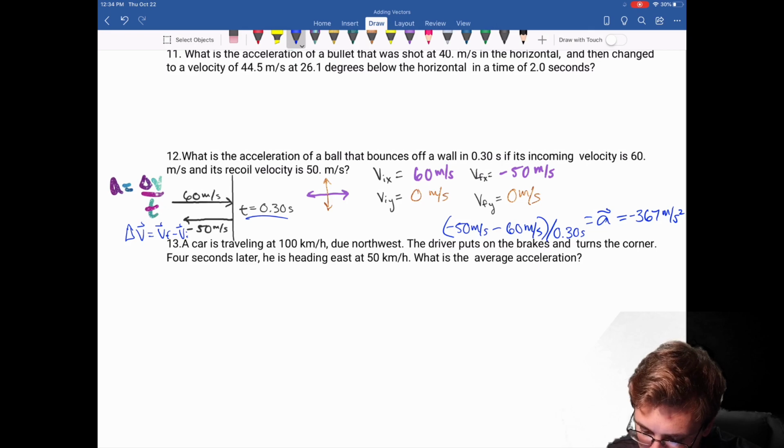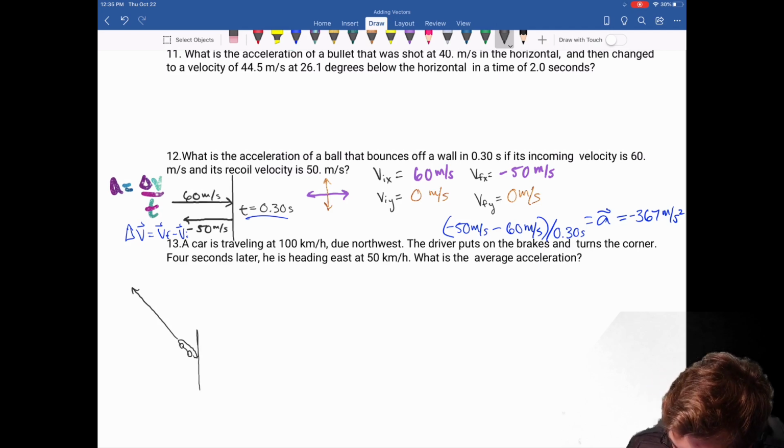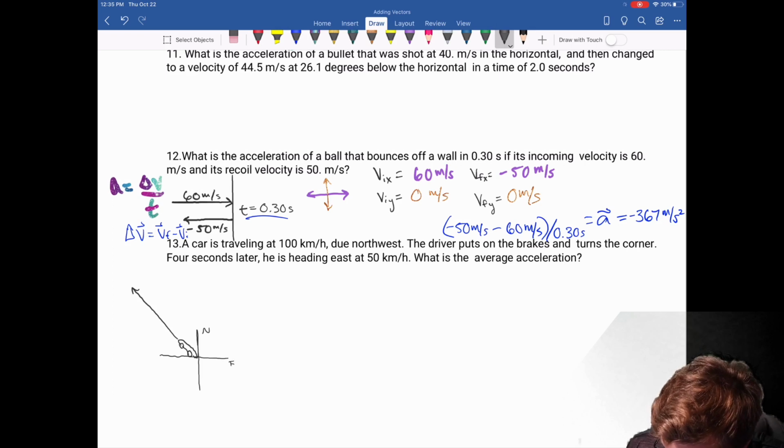So a car is traveling at 100 kilometers per hour due northwest. So I'm going to draw my car. It's traveling directly northwest. Here's our little coordinate axes: north, east, south, west.